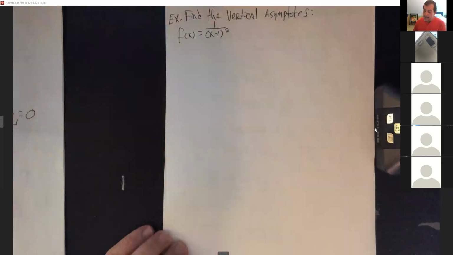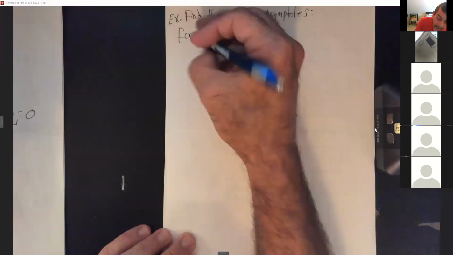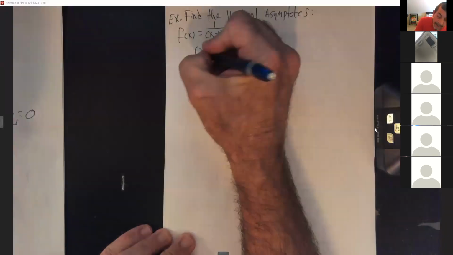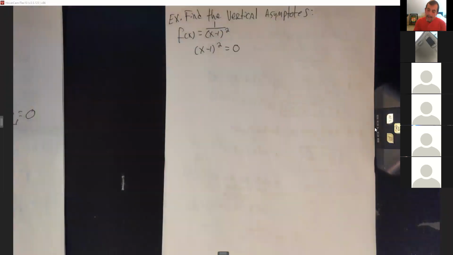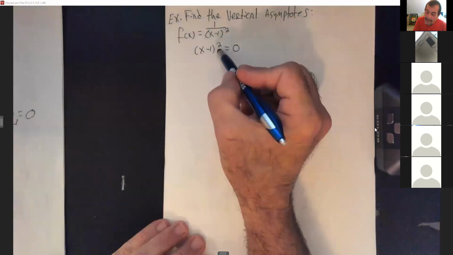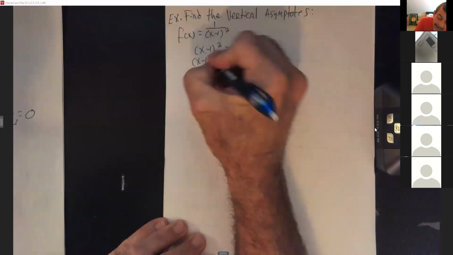All right, so vertical asymptotes was always take the bottom, set it equal to 0. So I'm going to bring down that x minus 1 squared, set it equal to 0. And then remember that 2 is telling me that this factor happens twice, because remember that's the multiplicity. So I'm going to write it twice since I'm solving it.